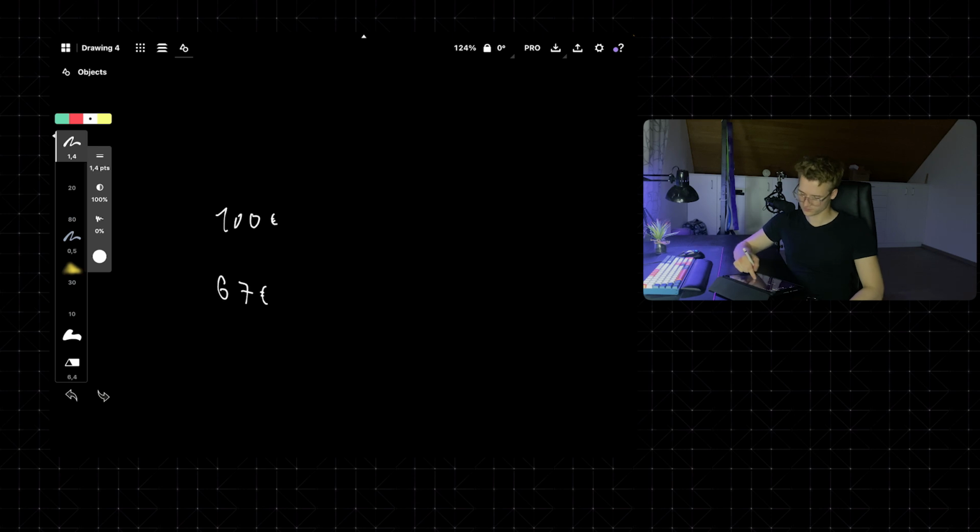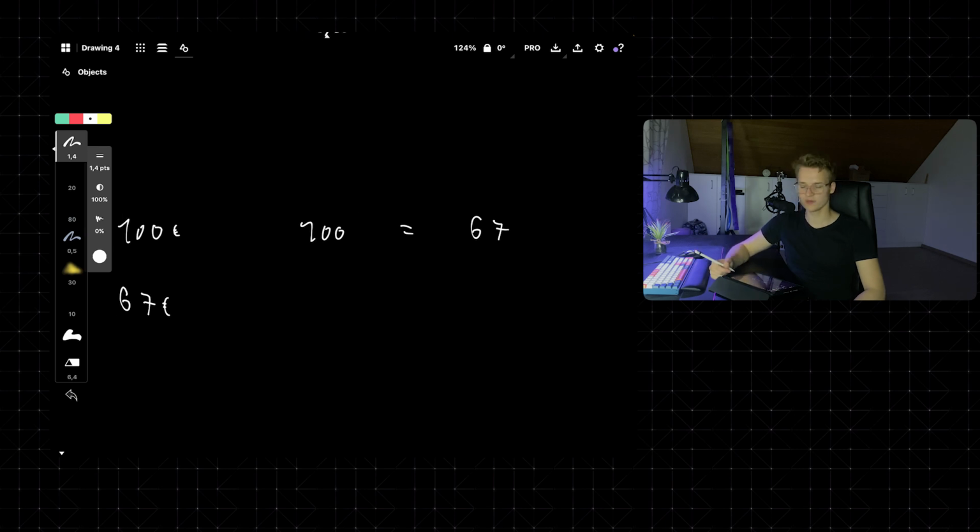Okay? But basically what you can do is see what they want to know. Do they want to know the increase or the decrease? So the discount or the increase in price? 100 and then 67. If they want to know by how much they increase the price, you place it next to the lower number. So you see the increase.